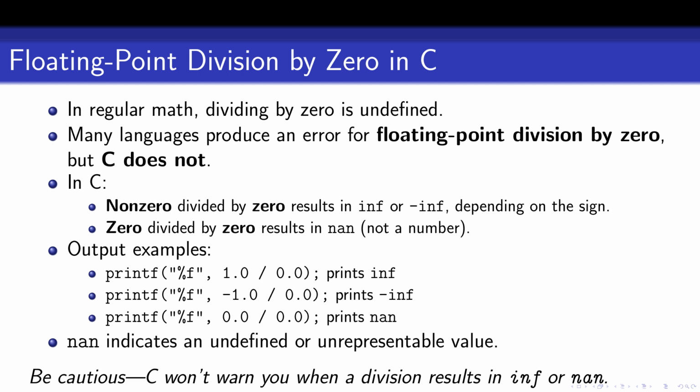If both the dividend and divisor are 0, the result is nan, meaning not a number. These values can still be stored in variables and printed using printf, which will display inf, negative inf, or nan. While this behavior avoids crashing, it can lead to logical errors if you're not expecting it, so it's still important to check for divide by zero cases in your calculations.